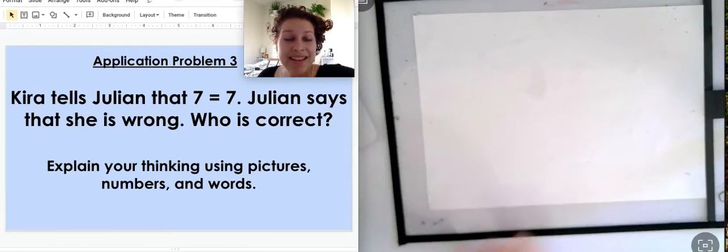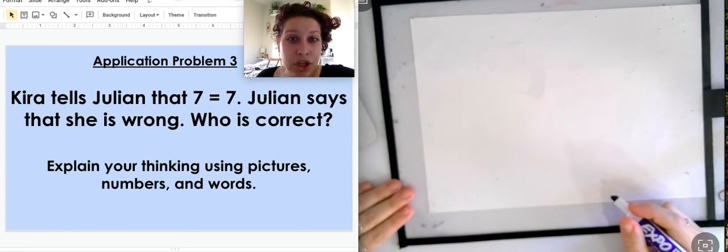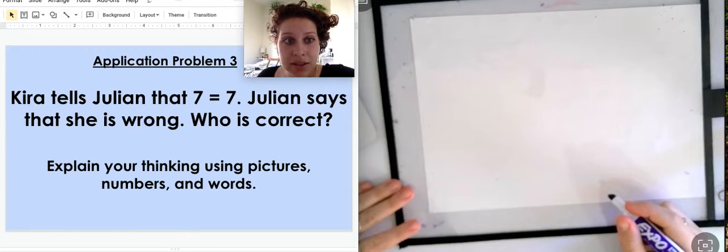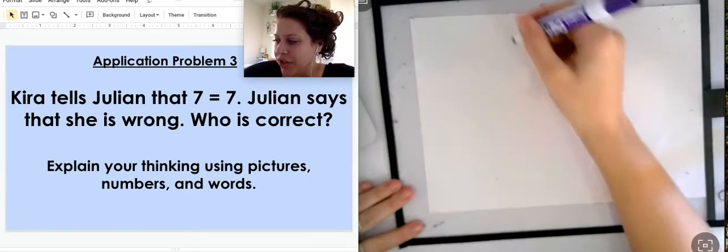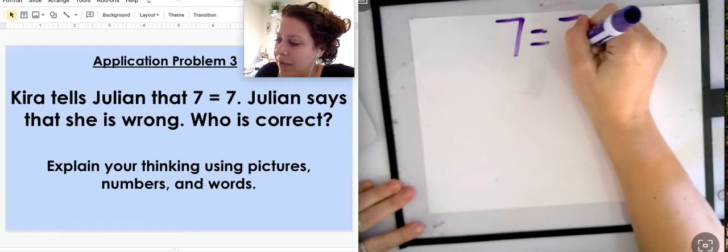Let's try another one. This one says, Kira tells Julian that 7 equals 7. Julian says she's wrong. Who is correct? So let's think about Kira's thinking. She said 7 equals 7.